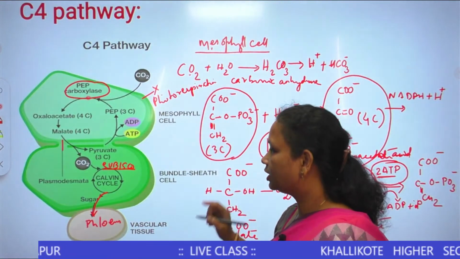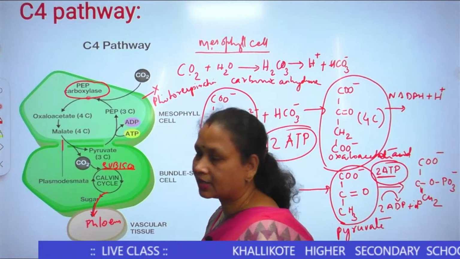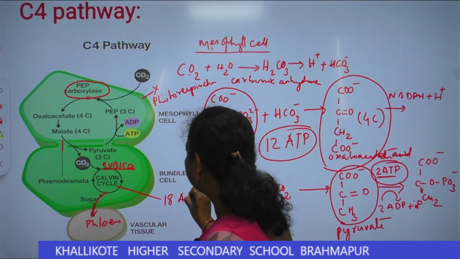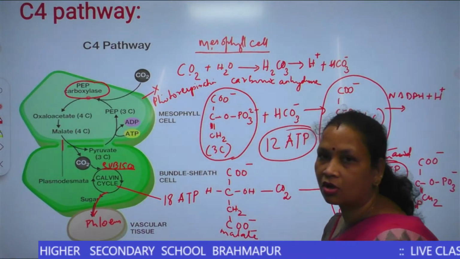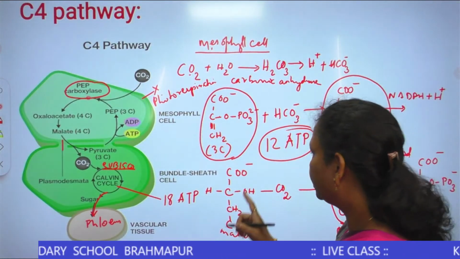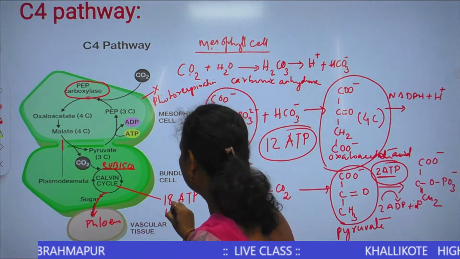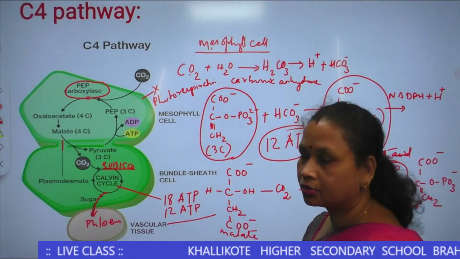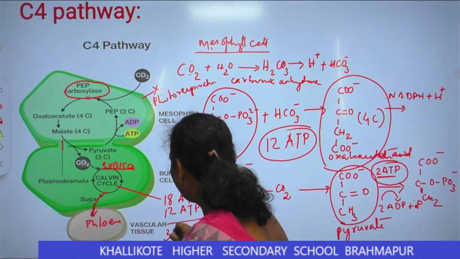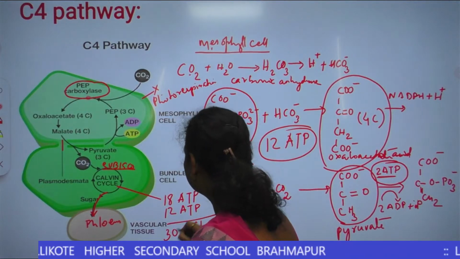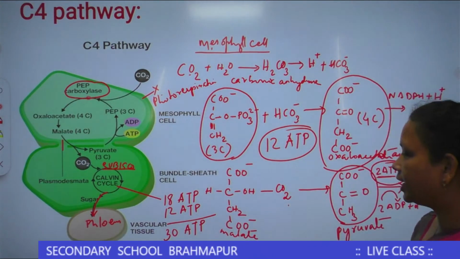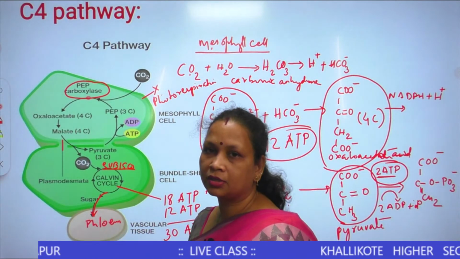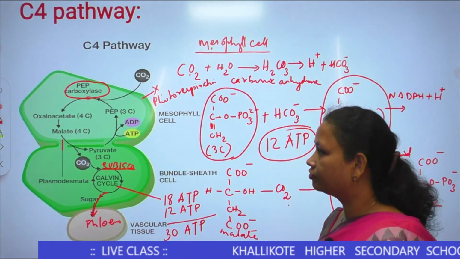So initially for the C3 cycle or Calvin cycle, the requirement of ATP is already 18 ATP for synthesis of 1 molecule of glucose. The extra number of ATP is 12. So for this cycle to operate, you require a total of 30 ATP molecules. So here 30 ATP molecules will be required to carry out the synthesis of 1 molecule of sugar or 1 molecule of glucose.